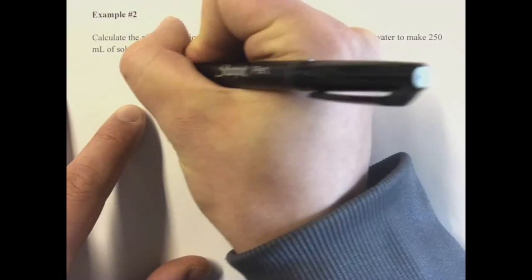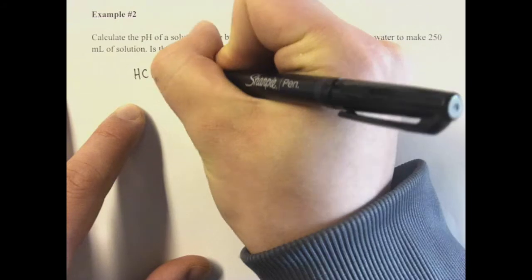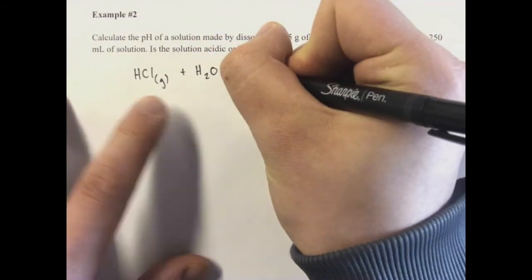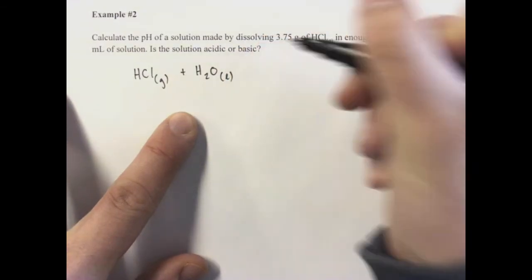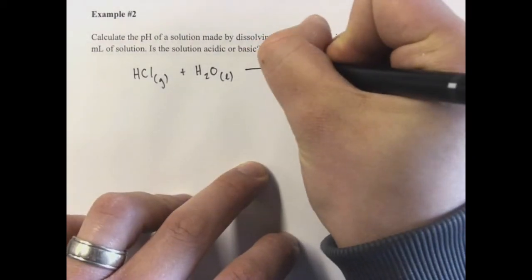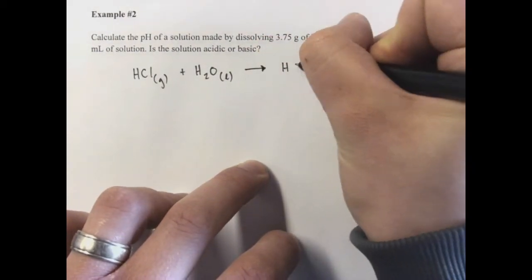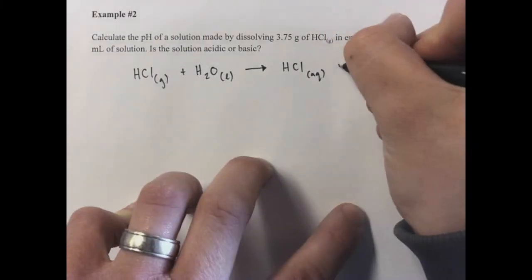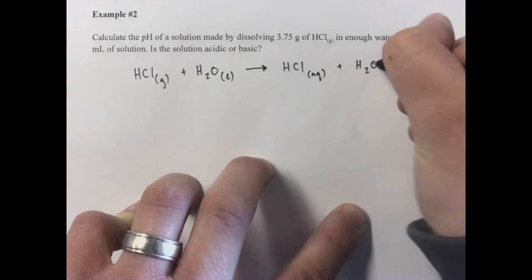So when we make hydrochloric acid, we take hydrogen chloride and we dissolve it in water, like this. We add it to water and we end up getting hydrochloric acid. It's dissolved in water, and I'm just adding the plus water here.